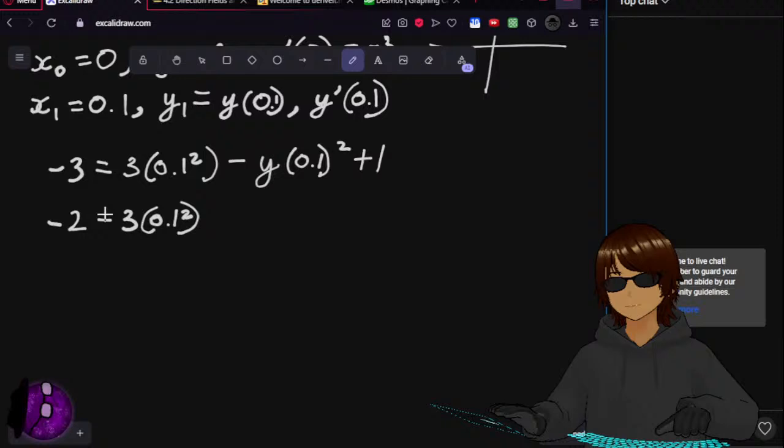Since this is minus, all of this will become plus, and square root.